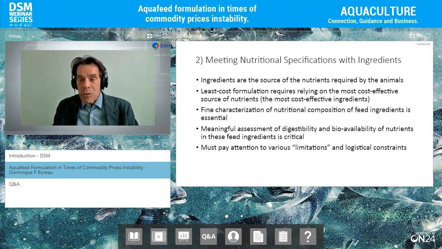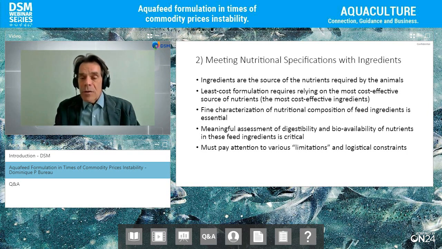And then we have to characterize and understand the limitations and logistical constraints associated with each ingredient, which is really quite an art form in this case, because every ingredient, every manufacturing system, every condition can have an impact on your decision.